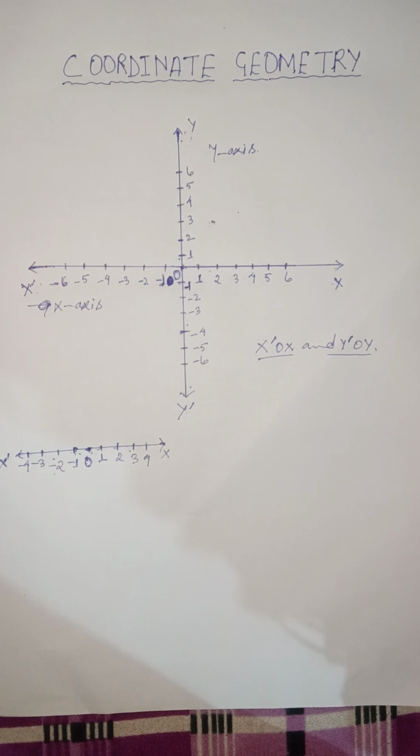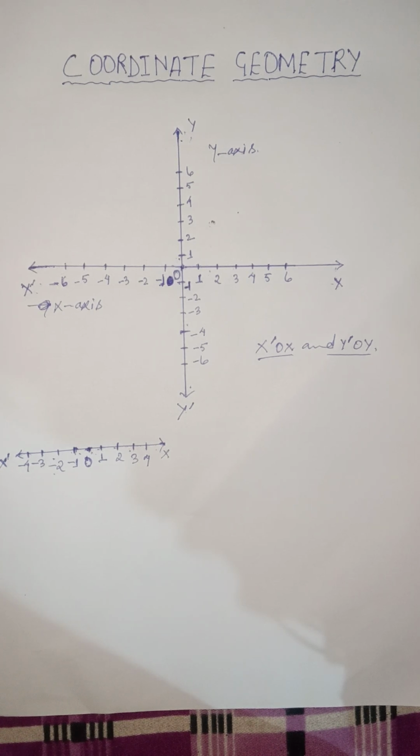Same as in the y-axis. If you start counting from 0 upward, or vertically, whatever number you come across will be positive or plus, and we call these the positive directions on the y-axis, right?